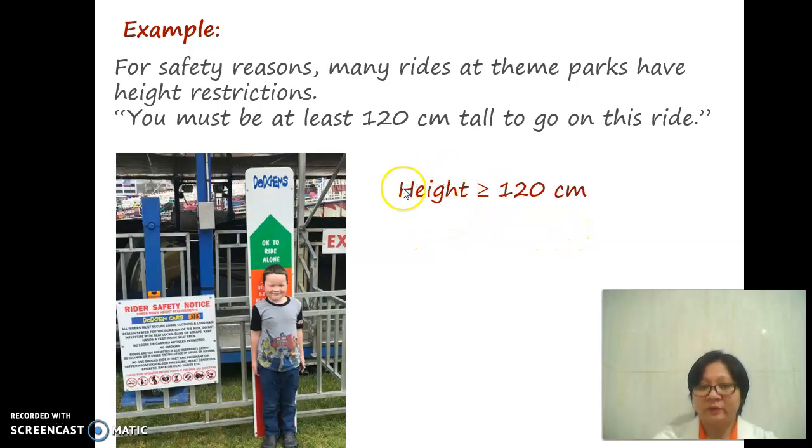But I prefer this one because the height is the unknown. And I put the unknown on the left side of the inequality sign. Why? Because when I try to illustrate the inequality on a number line, I'm going to start from the right side of the inequality sign.